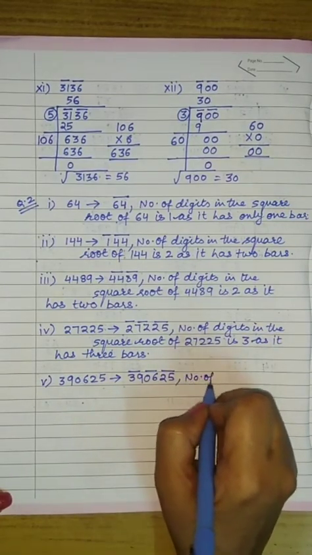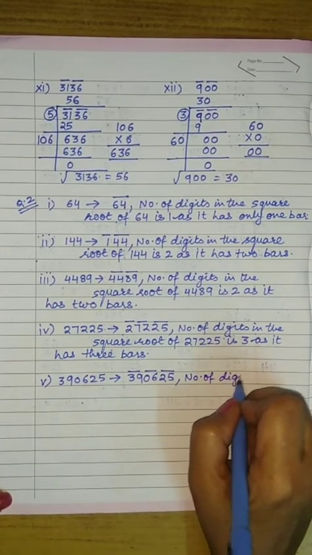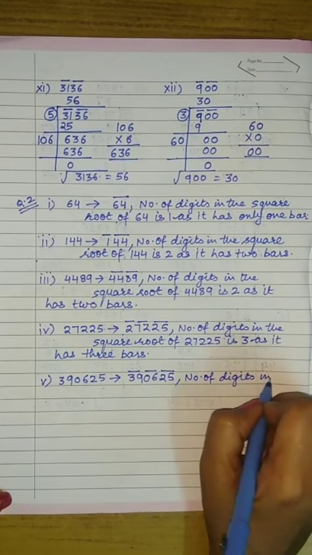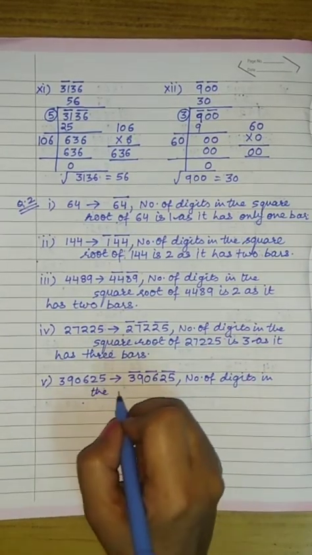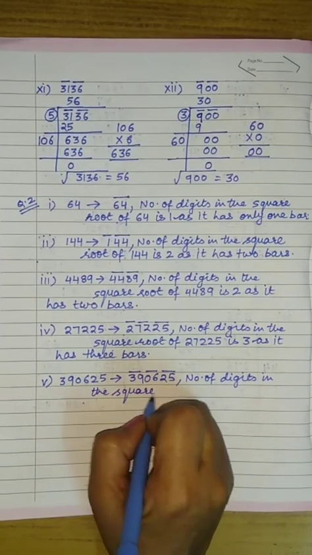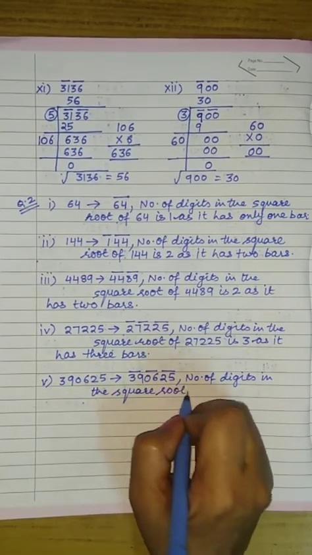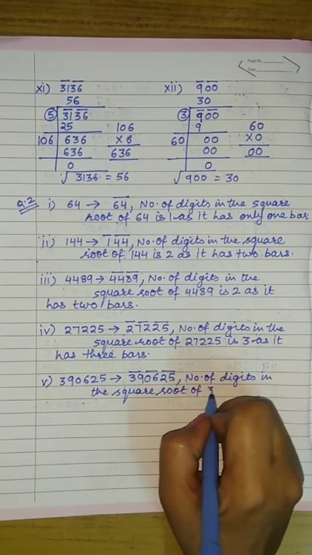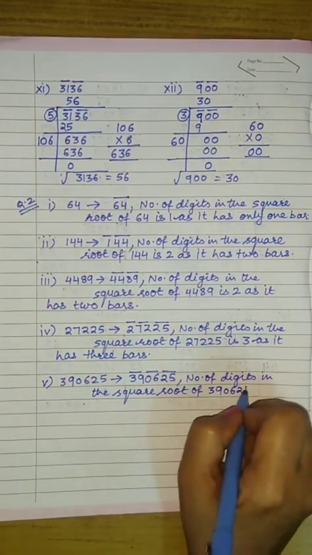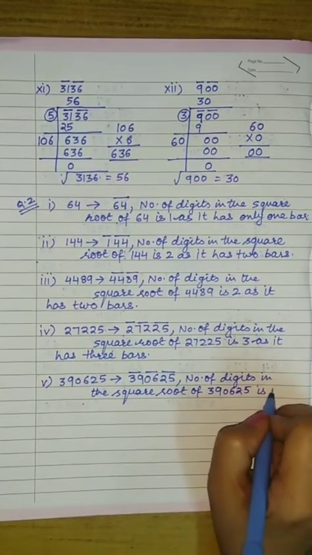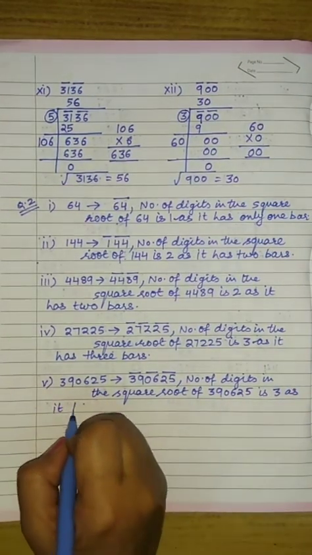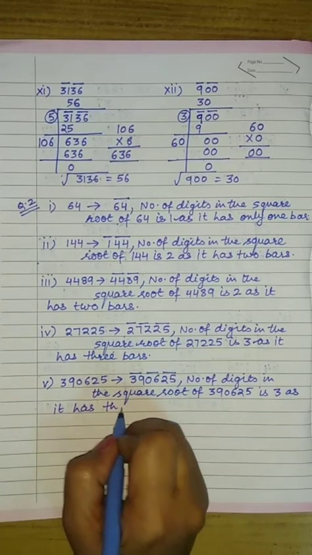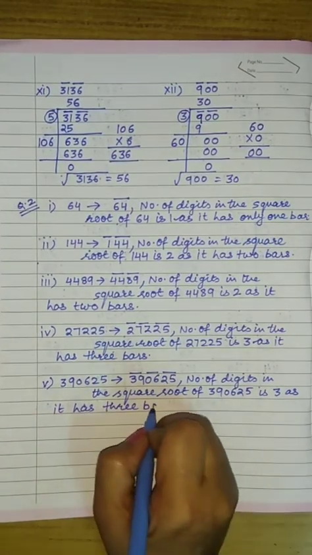So the number of digits in the square root of 390625 is 3, as it has 3 bars.